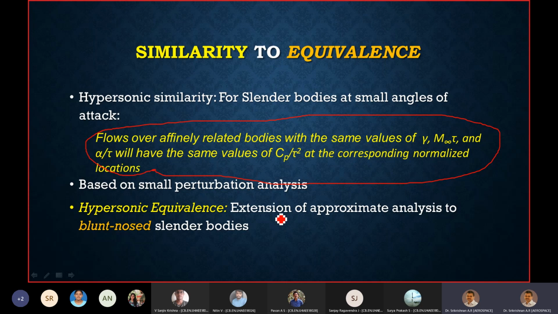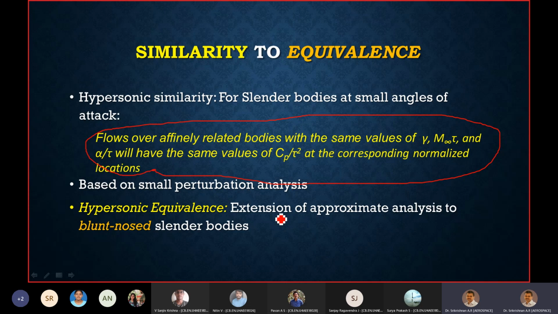Once we have Cp by tau squared, then by substituting the corresponding values for tau and M infinity, etc., we can get the corresponding pressure distribution. This is the approach we have used, based on similarity arguments.